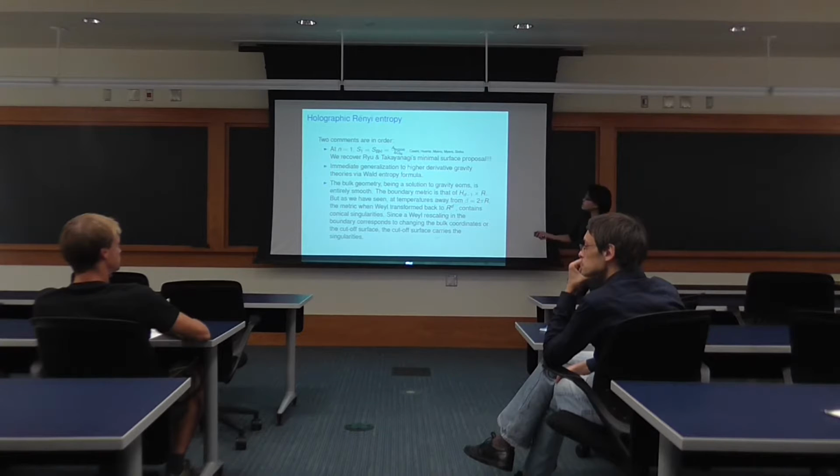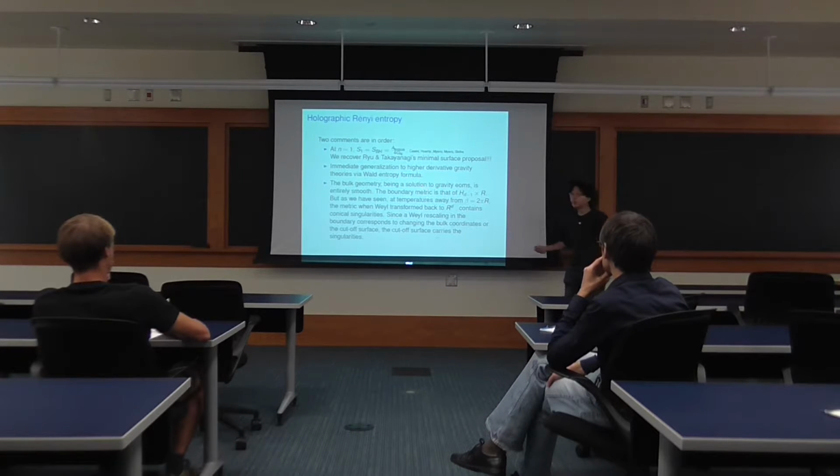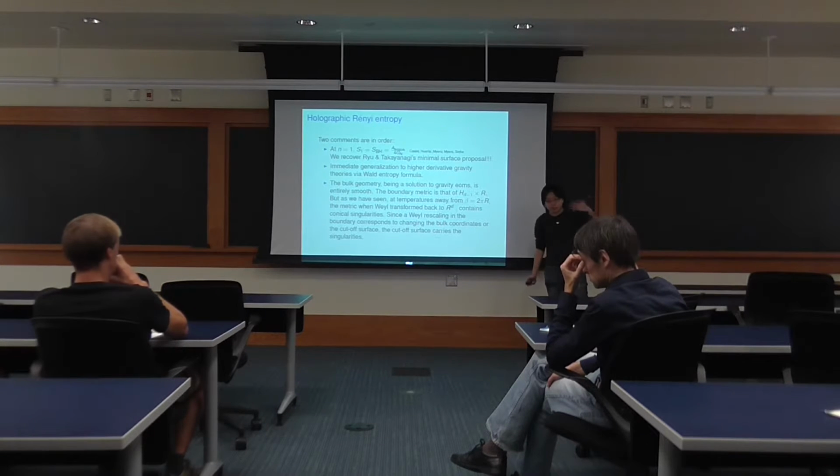Also, within this picture, it is very easy to generalize these computations to more general gravity theories because of the Wald entropy formula. Another comment is that previously we were worried about finding the gravity dual of this complicated conical geometry in the boundary, but now we have a very simple solution.